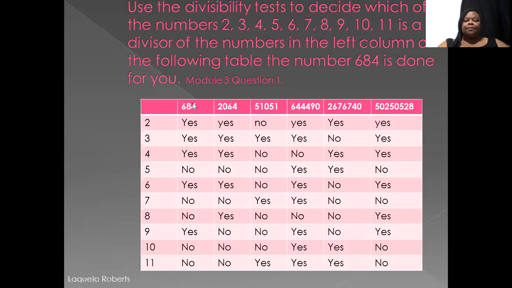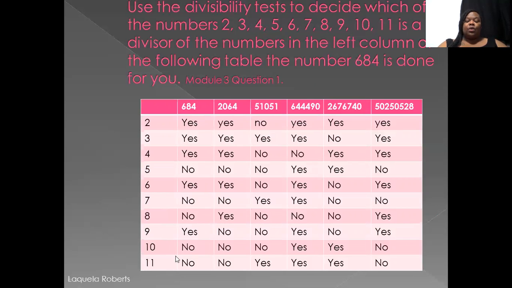Well, as you can see, what we will do here on this question is we will divide 684 by 2. Yes. 684 by 3, yes. 684 by 4, yes. 684 by 5, nope, it won't divide evenly. 684 by 6, yes. 684 by 7, no. By 8, no. By 9, yes.